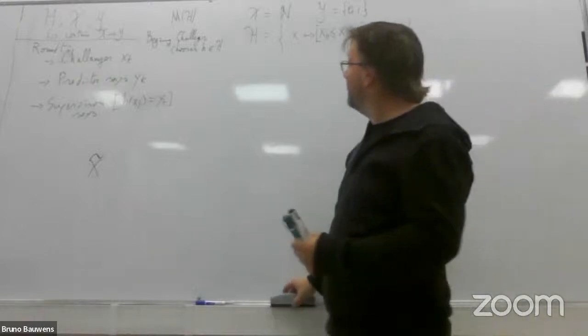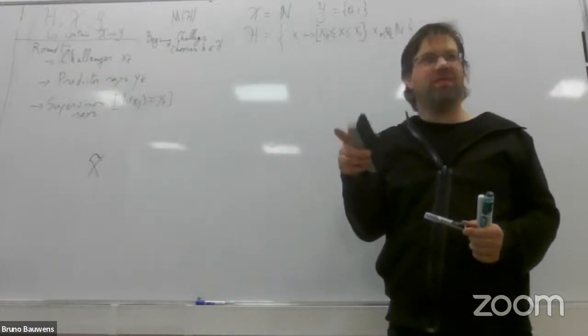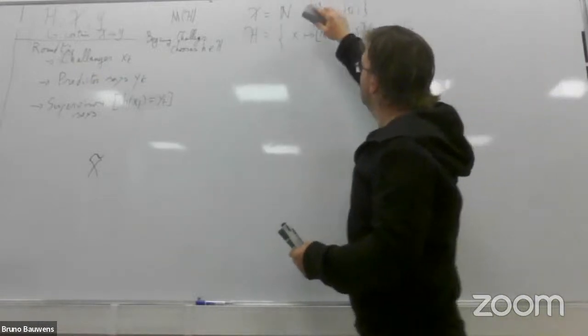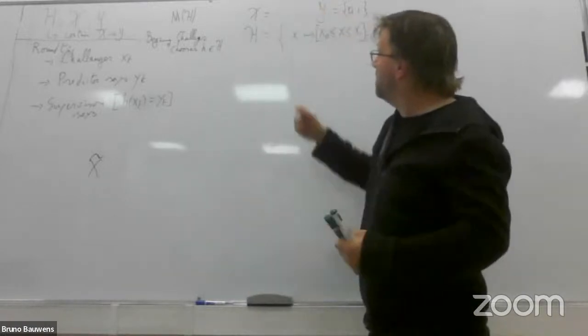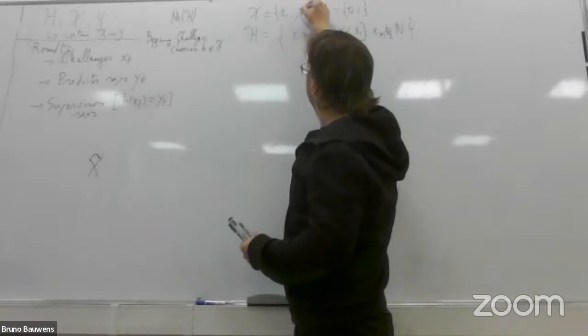Let us take another example. You're right, it's always infinitely many mistakes. So let's take another X now. Let's take numbers from 1 to 7.